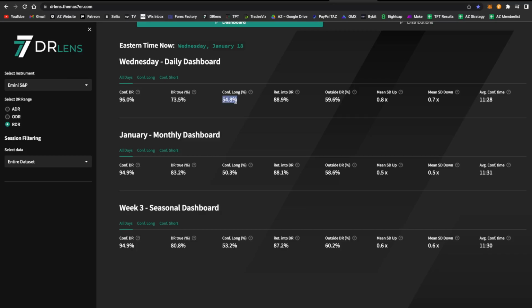So we are slightly tending to a long confirmed DR with the probabilities or the odds. Imagine it would be like flipping a coin, it would land on heads a little bit more often than on tails.